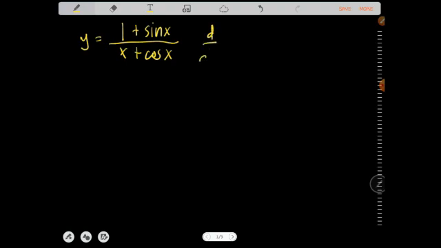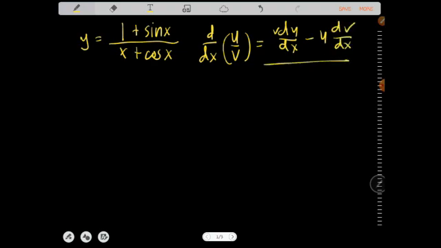Next example. How about y is equals to 1 plus sine of x over x plus cosine of x. So, remember yung ating quotient rule. Sa ating quotient rule, we have the derivative of u over v is equals to v times the derivative of u in terms of x minus u times the derivative of v in terms of x all over v squared.